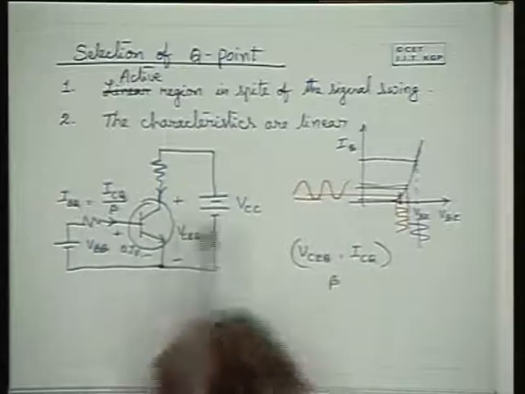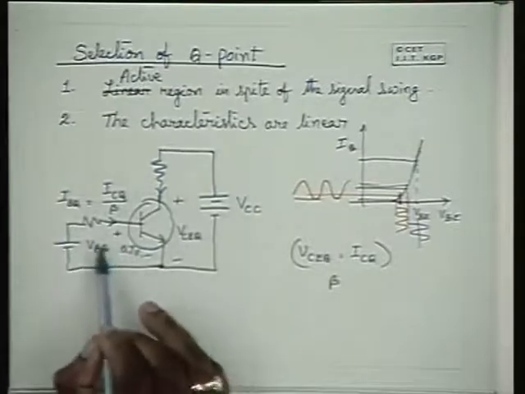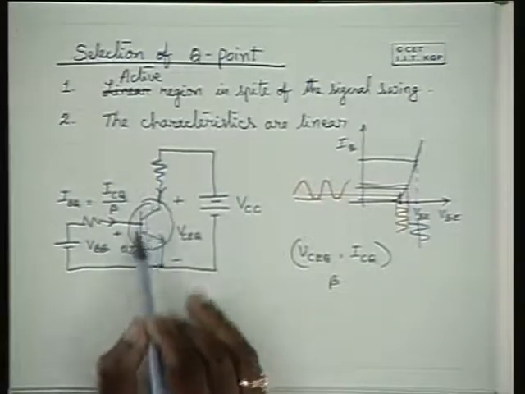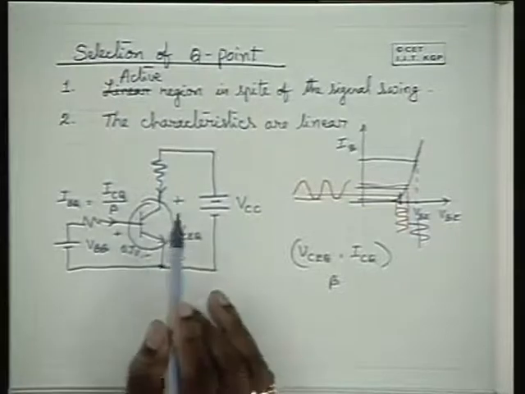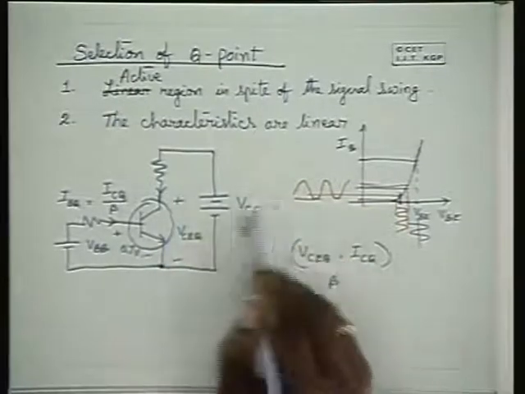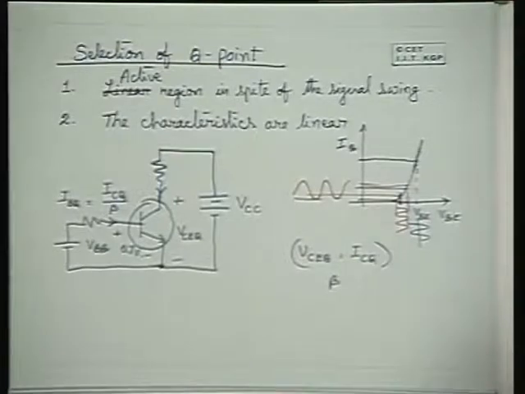Naturally it is better if we can bias both the junctions through a single source, then it is advantageous and it is economical. Hence, it is desirable to go for a single source circuit.